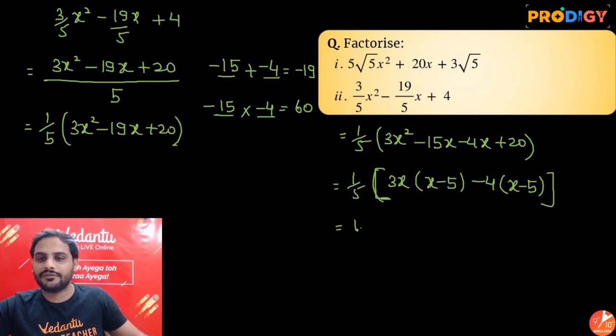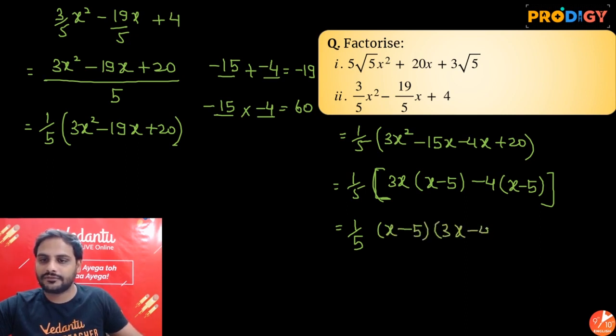So we are left with 1 by 5, and if I take x minus 5 common, then we'll be left with 3x minus 4. So this will be the factorization.